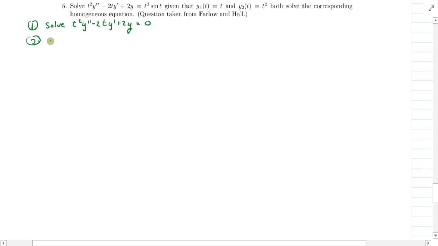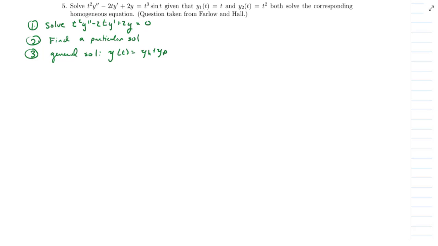Then 2, the second step is to find one particular solution. And 3, give the general solution as y of t equals yh plus yp. So the technique that we're learning here is that for the process of finding the particular solution, we're going to use this new method of variation of parameters.